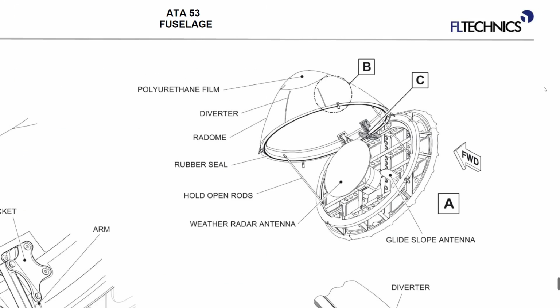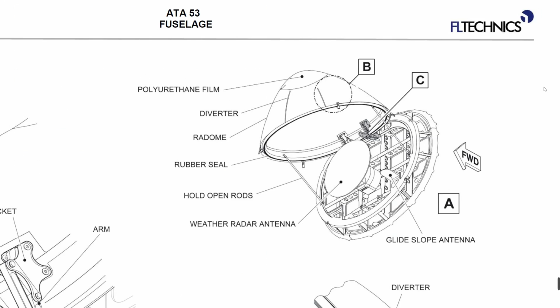The problem is that this polyurethane film is getting worn during the service of the aircraft, especially because of the sun and the cold, and some pieces of this layer separate, and we have to repair. And the repair is not so difficult, but it takes time.